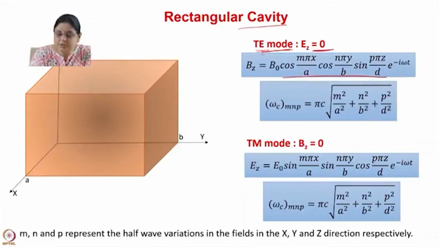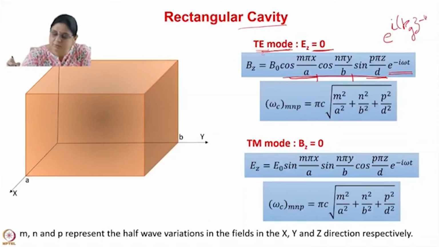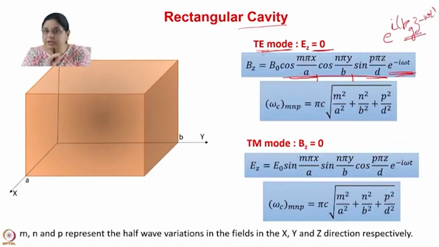So you see here a cosine variation in X, a cosine variation in Y, and a sinusoidal variation in Z. It is no longer a propagating wave, so there is no kg involved here. Earlier you had the expression e to the power of i(kg z minus omega t). Now this kg term is not there. We are just left with the time variation. So there is only time variation.